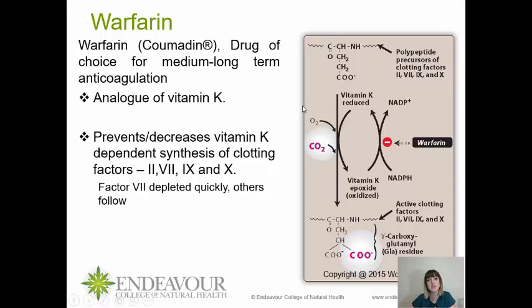So it does this by disrupting a biochemical pathway that's normally the last step in making the clotting factors that are going to circulate around in the blood, the inactive form of those clotting factors. So you make a clotting factor, which is a protein, a polypeptide chain, and before it's the final clotting factor that's going to actually be able to become activated when coagulation happens, you have to do one last step where you do a reaction that carboxylates or adds a carboxyl group to all of these clotting factors.